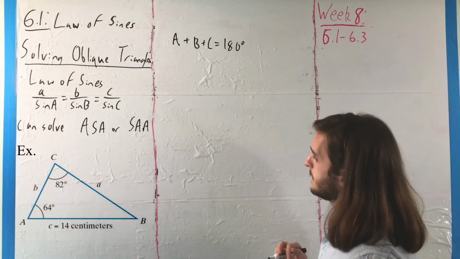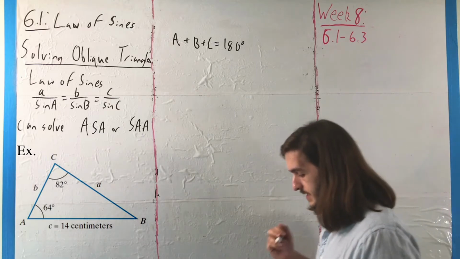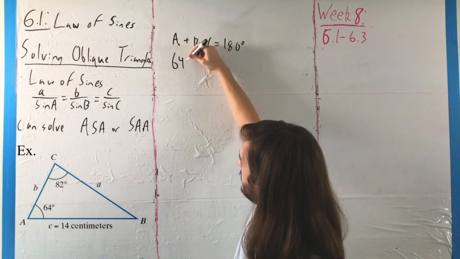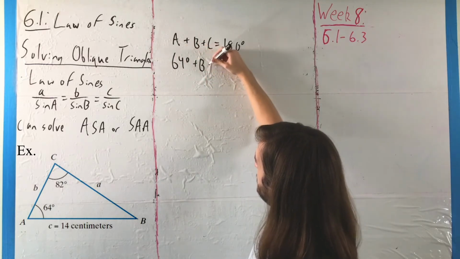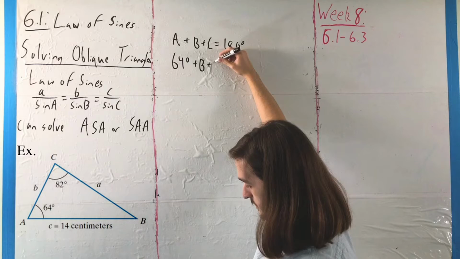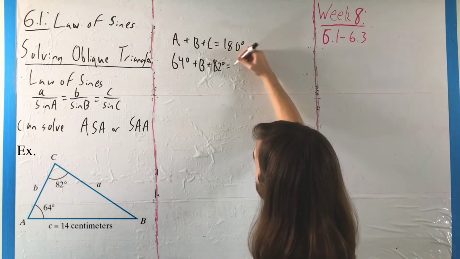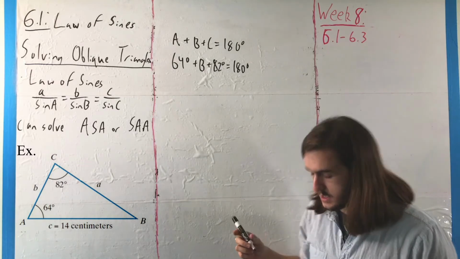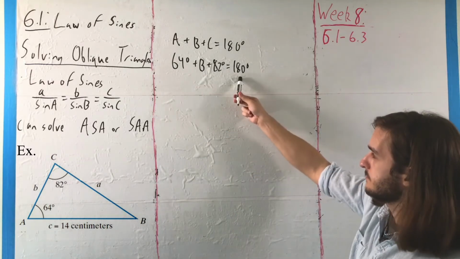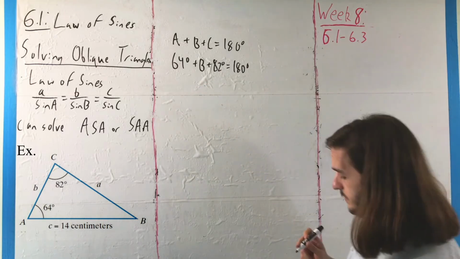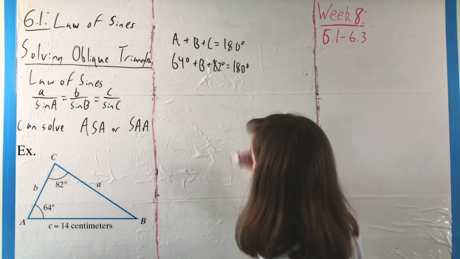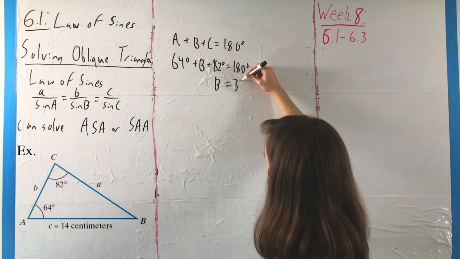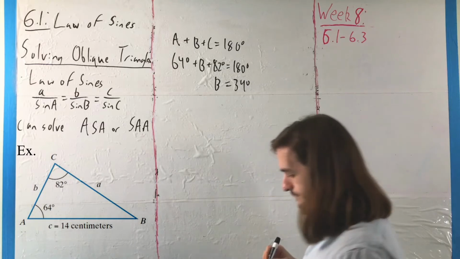In this case we have the angles A and C. That is, we must have 64 degrees plus B's measurement plus 82 degrees equals 180 degrees. And what we can do is take this 64, pull it over there, take the 82, pull it over there, that is, subtract both, and get that B must be equal to 34 degrees.